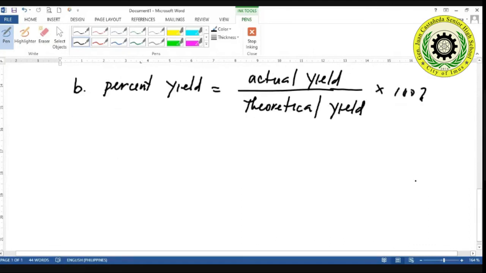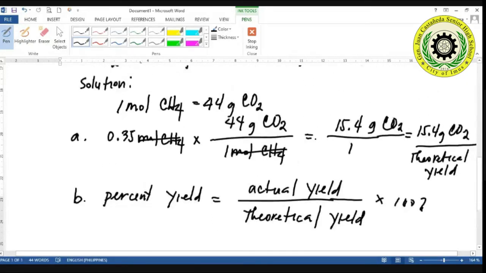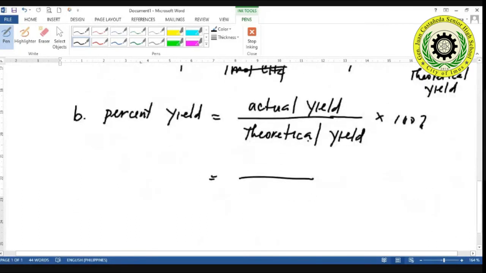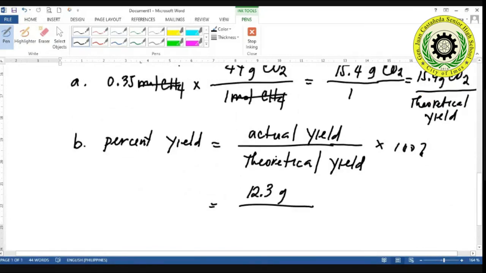So, ang gawin po ngayon natin ay i-substitute po natin lahat po ng mga data sa ating formula. So, balikan po natin yung actual yield na ibinigay sa problem, which is equal to 12.3 grams. Yung ating pong calculated theoretical yield, which is equal to 15.4 grams. Okay?